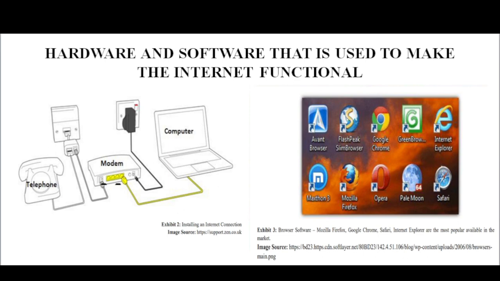That is communication software to establish TCP/IP, transmission control protocol connections to the server, and client software for activities such as browsing, emails, news, etc. I have given some browser names, that is Avant Browser, Flashpeak, Slim Browser, Google Chrome, Green Browser, Internet Explorer, Maxthon, Mozilla Firefox, Opera, Pale Moon, Safari, etc.